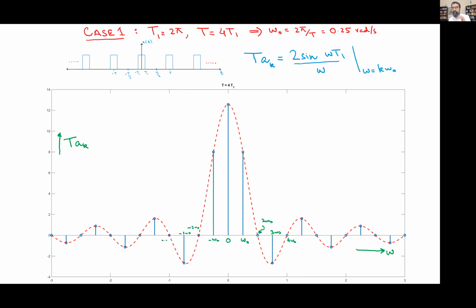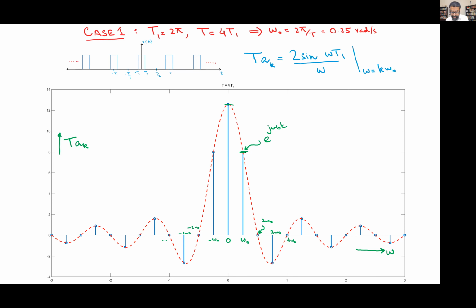Now, what do these coefficients mean, by the way? When I say that a_0 times capital T is equal to this value here, that means the DC component has a contribution proportional to this. Similarly, the contribution of the complex exponential e raised to the power j omega naught t, its amplitude, its contribution, is proportional to the height of this element.